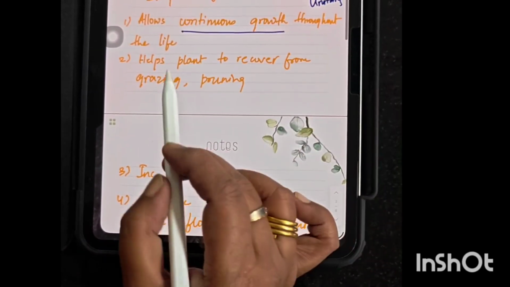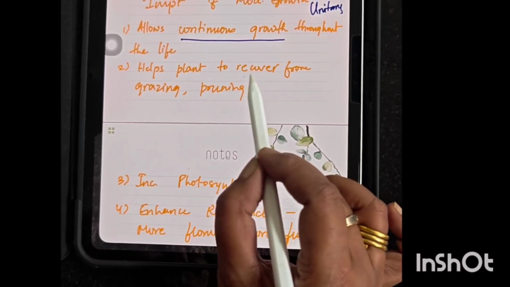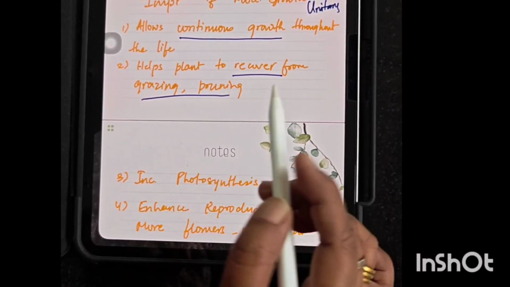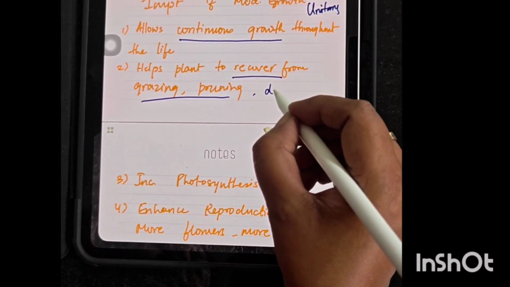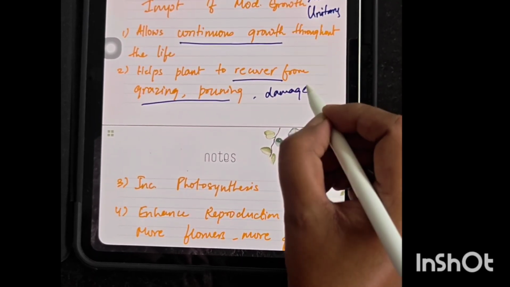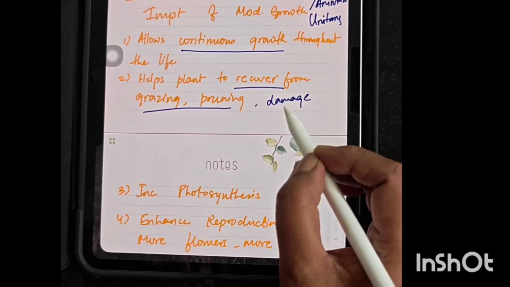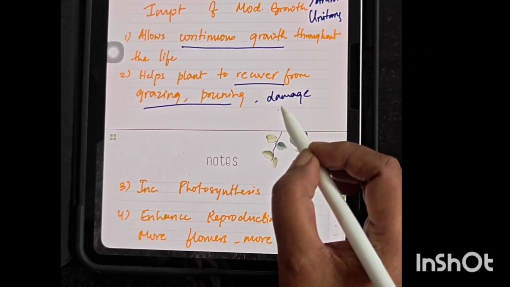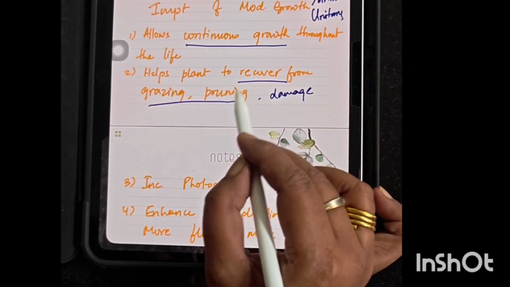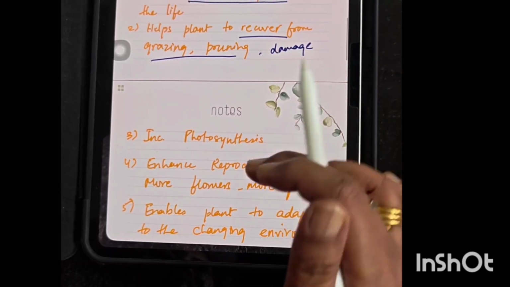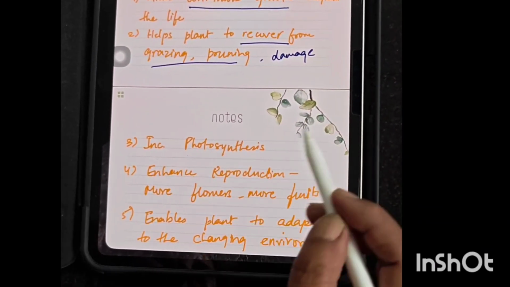It also helps the plant to recover from grazing, pruning or any physical damage. If any leaf falls or any branch is cut off, a new branch will arise from the nodal region. So the plant has the ability to recover from different damages.